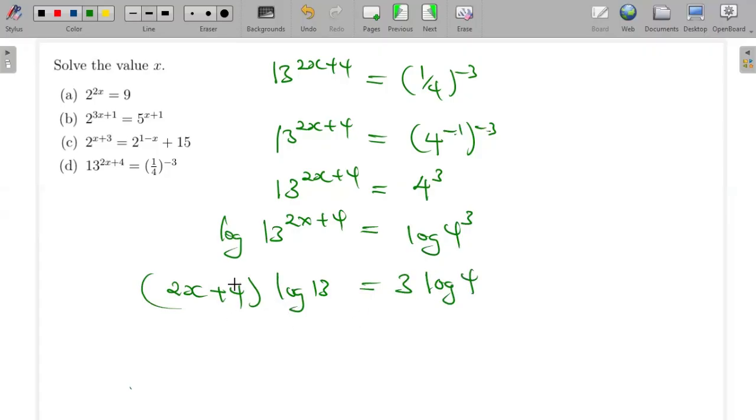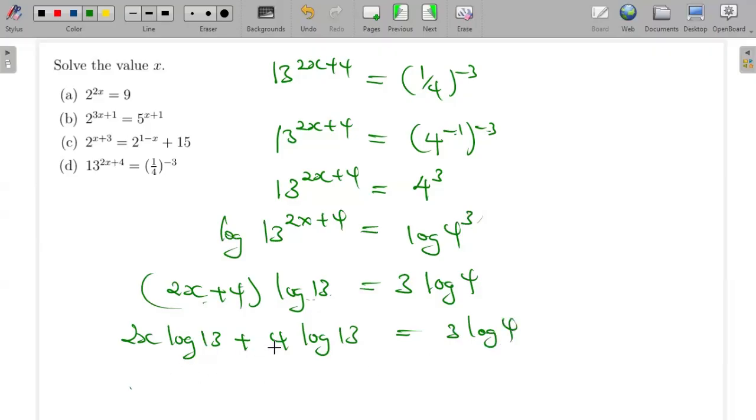I can then look at this side. If I distribute, I'm going to have 2x log 13, and then 4 multiplied by the log, that will be plus 4 log 13, and this is going to be 3 log 4.